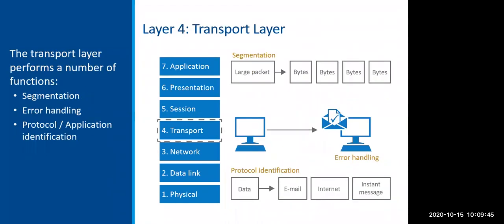The transport layer handles the segmentation of data. It breaks up our data into smaller chunks and then helps send it across in streams. It also helps with error handling and protocol or application identification.